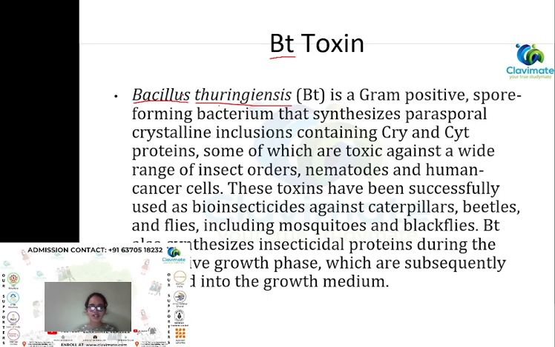This Bacillus thuringiensis contains some cry and cyt proteins. These release toxins which are consumed by the pest, and after entering the pest body, the toxins are released. The toxins released by these bacteria will kill the pest, so this way BT toxin is helpful for the killing of the pest. So it is also used as a biocontrol agent. It is used as a bioinsecticide against caterpillars, beetles, flies, etc.